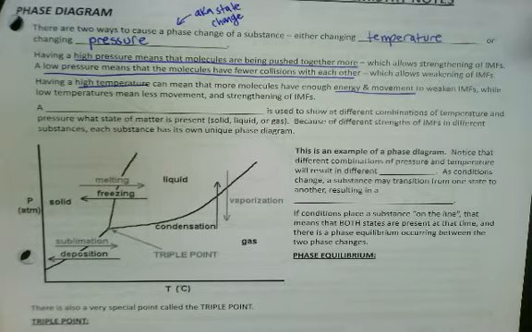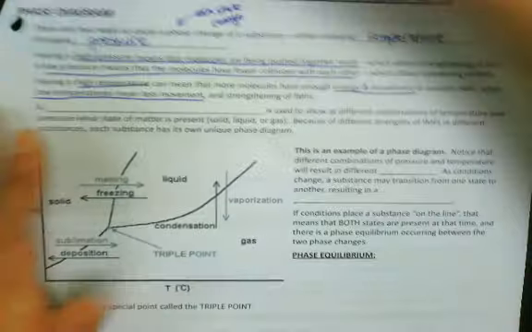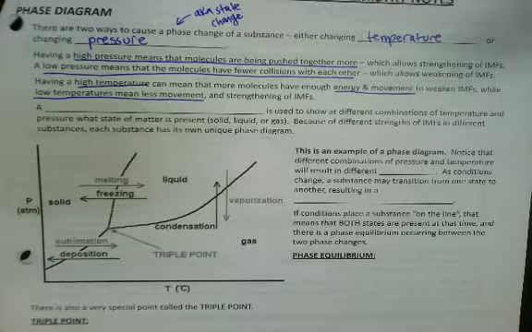We're going to see the weakening of IMFs as these particles gain energy, while low temperatures mean less movement and intermolecular forces are strengthened as a result. They're not going to have as great of a tendency to pull apart from one another. They don't have as much energy.